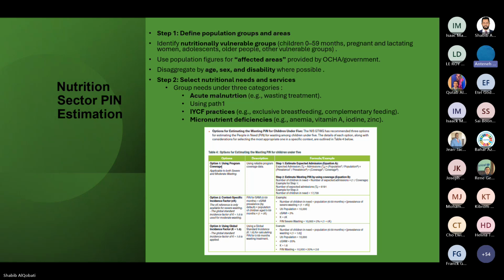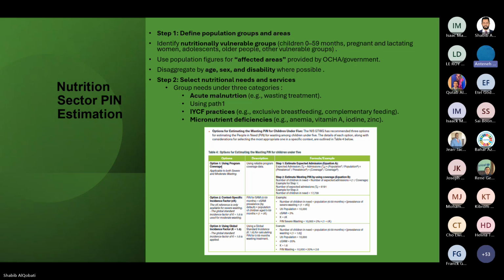If you have that kind of data, you can use option 1, which is estimation of the people in need for wasting using the coverage in the preceding year. That's the most recommended one. This is recommended by the global NIS TWG, Nutrition Information Technical Working Group.